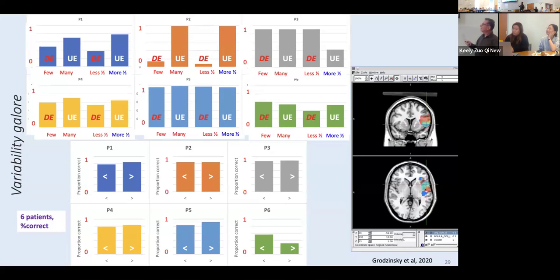Each line is an individual patient's score from 0 to 1. There's quite a lot of variability between the patients, but the one little piece of good news is that when you look at how they performed on the inequalities, with the exception of one who, ironically, had been a math teacher before she had a stroke, almost everybody was quite good. That's the only good news.